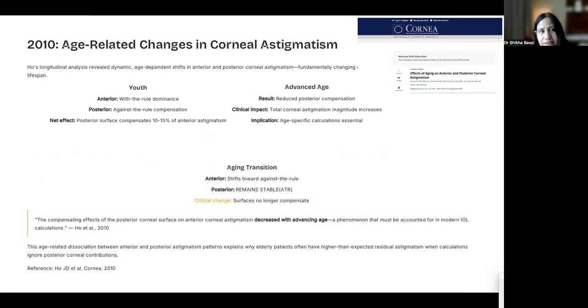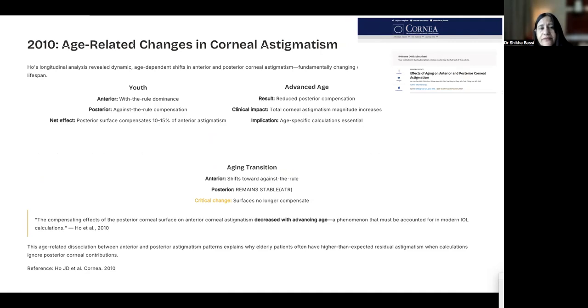And in 2010, they said that as one grows older, ignoring PCA can cause a lot more problem, because in youth, when you're young, most of us have with-the-rule astigmatism on the anterior surface, and the posterior surface has against-the-rule compensation.